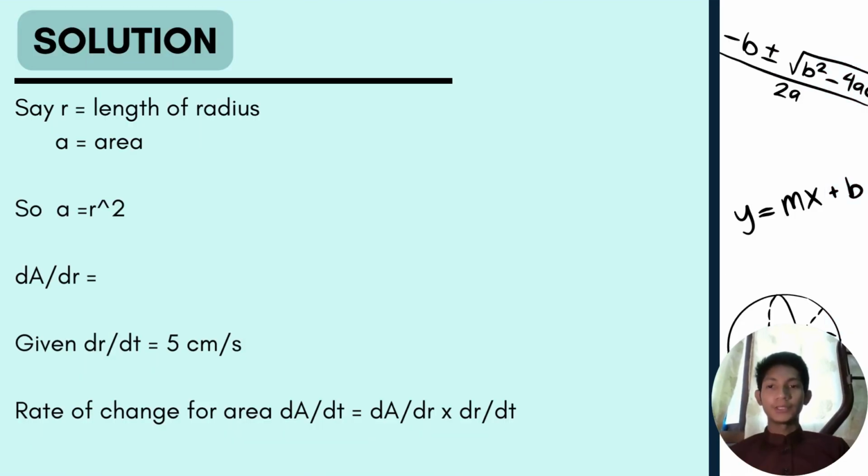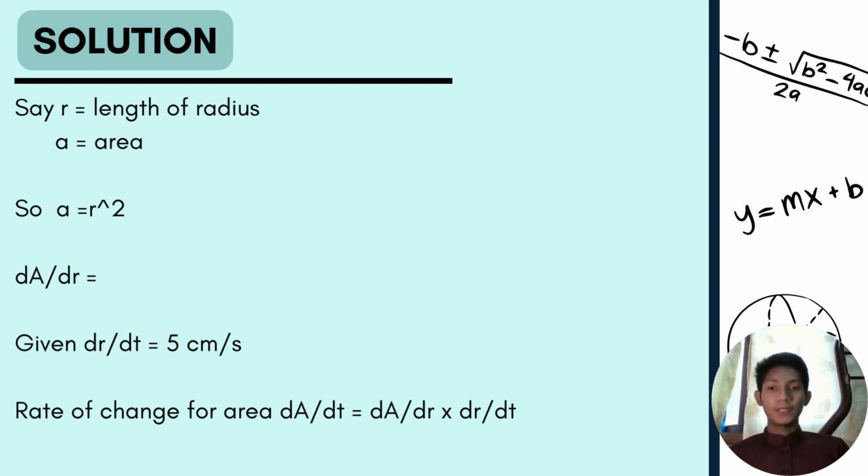Alright, here is the solution. Let's say r is the length of the radius and A is the area. So, area equals pi r squared. Given dr over dt equals 5 centimeters per second.